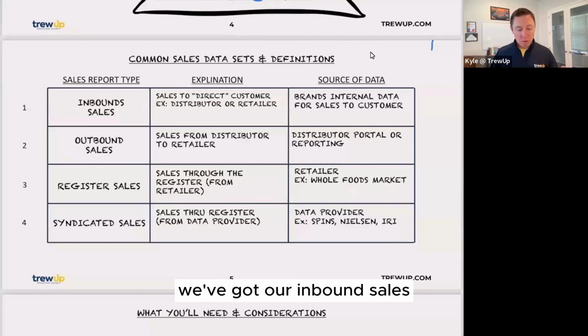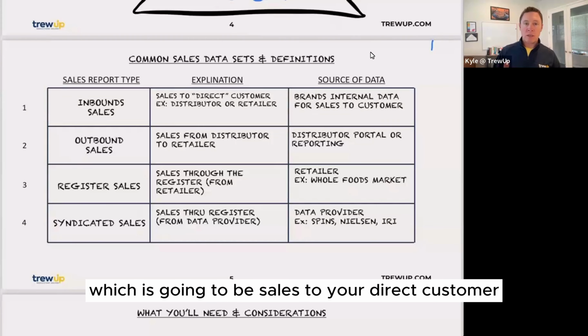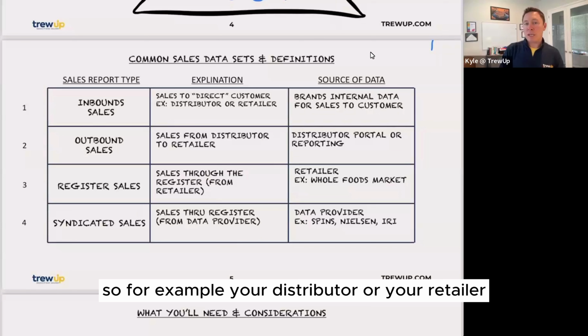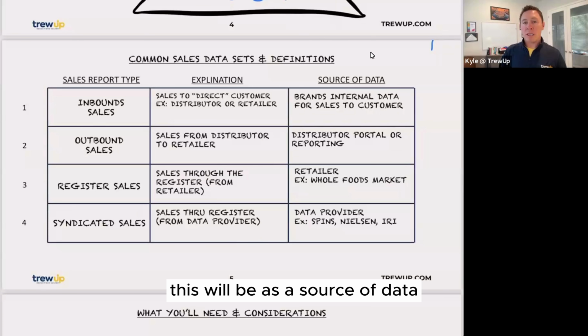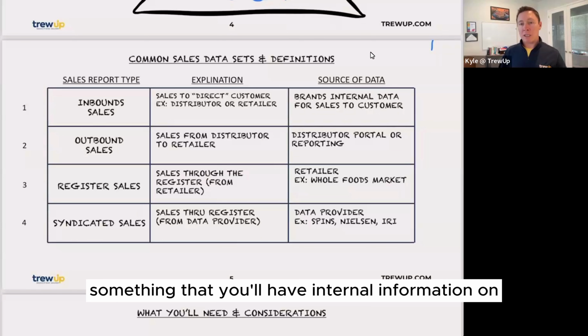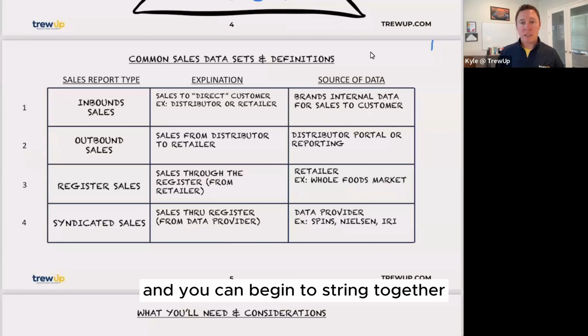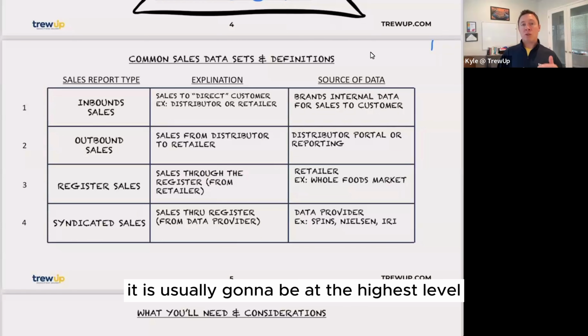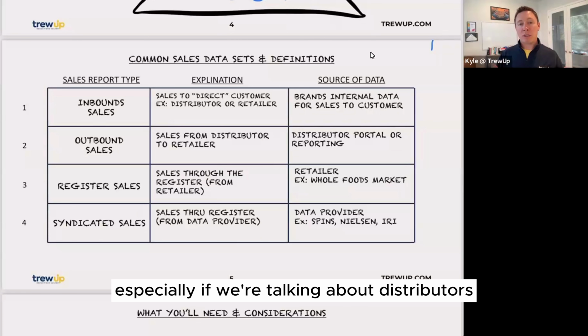We've got our inbound sales, which is going to be sales to your direct customer, for example your distributor or your retailer. This will be a source of data that you'll have internal information on, and you can begin to string together the data in a way that you need it. It is usually going to be at the highest level, especially if we're talking about distributors.